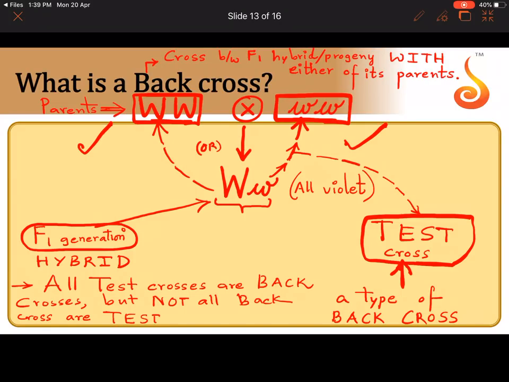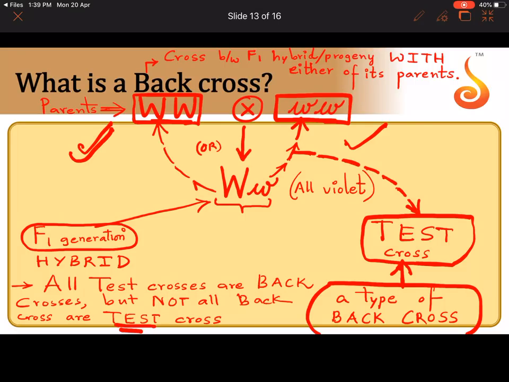Why are not all back crosses test crosses? Because in a back cross you are also crossing it with the dominant parent. Then it doesn't become a test cross. It is a test cross only when you cross it with a recessive parent. So test cross is a type of back cross, but not all back crosses are test crosses.